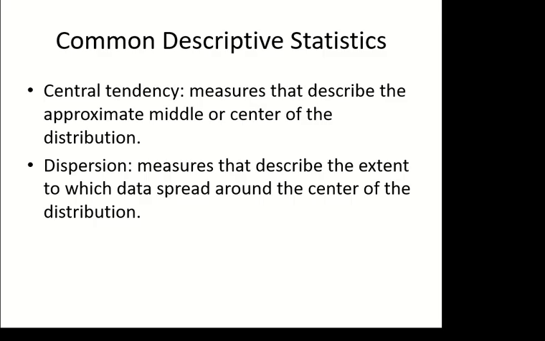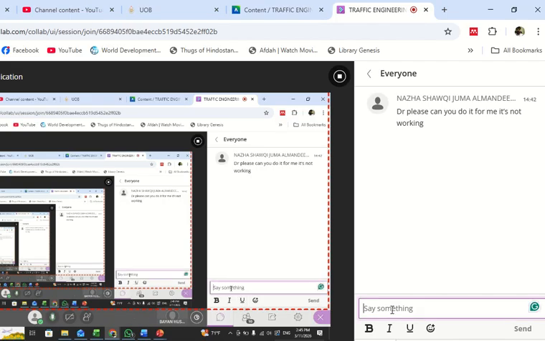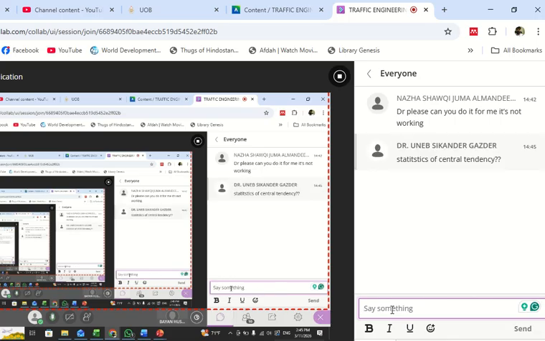Okay, and central tendency. What are the things included in central tendency? Anybody remembers? What are the statistics included in central tendency? What things are included in the statistics of central tendency?